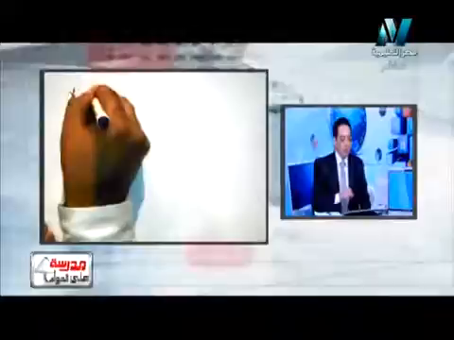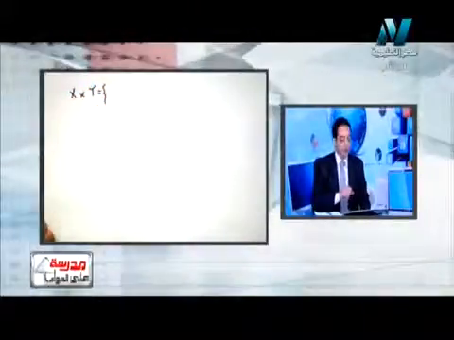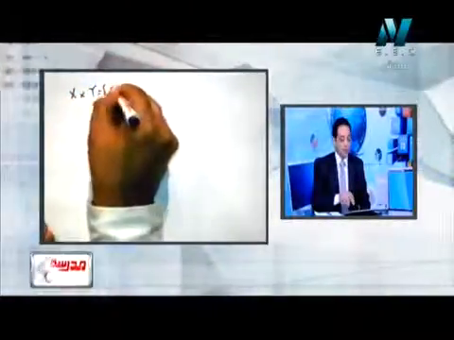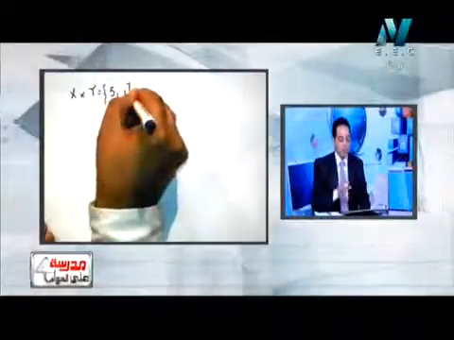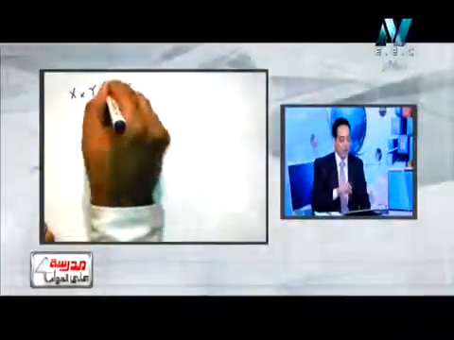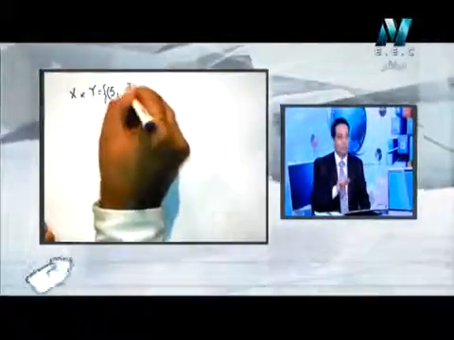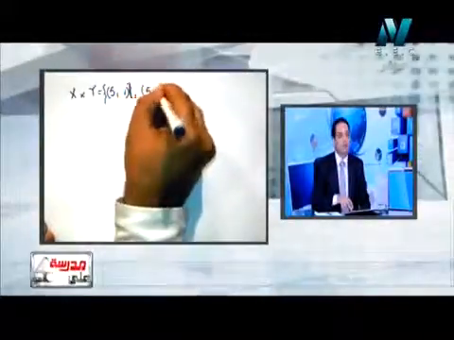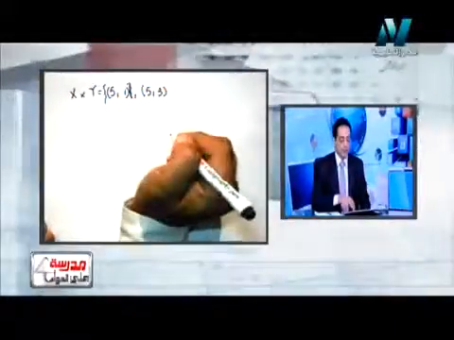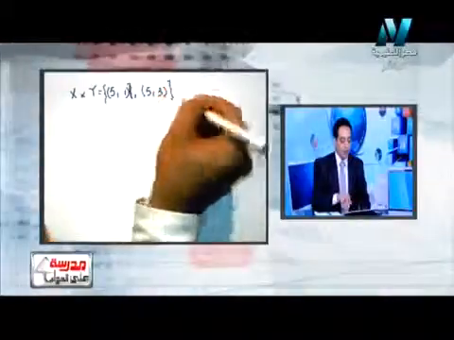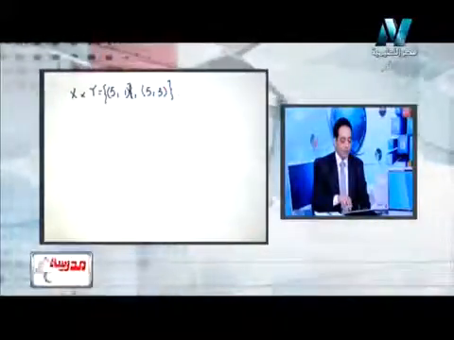It says if X product Y equals the set of ordered pairs (5, 1) and (5, 3), then X equals what and Y equals what? Here we have the expanded form of the Cartesian product.